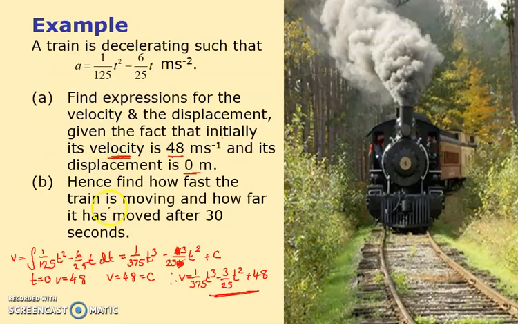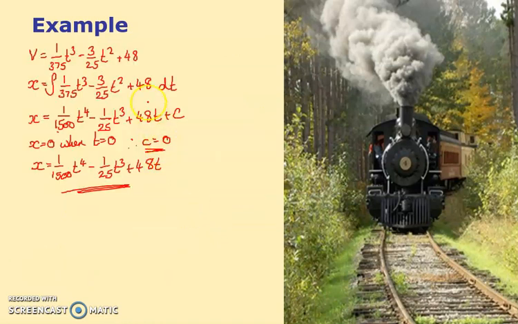Now, what's my third one? Hence find how fast the train is moving and how far it has moved after 30 seconds. Well, basically, it's sub in 30 into my expressions. So I'm going to write this here when t equals 30. I think it said 30.